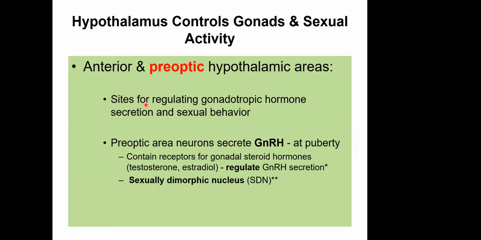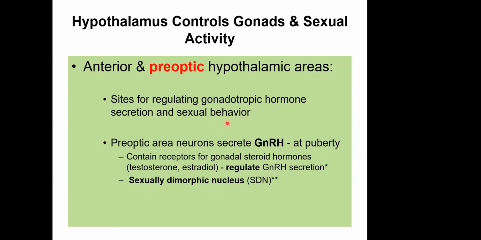So basically, I spoke to you about the second combo that we'll be talking about, the anterior and preoptic hypothalamic areas. These are the sites of GnRH production and secretion, which then determines sexual behavior.